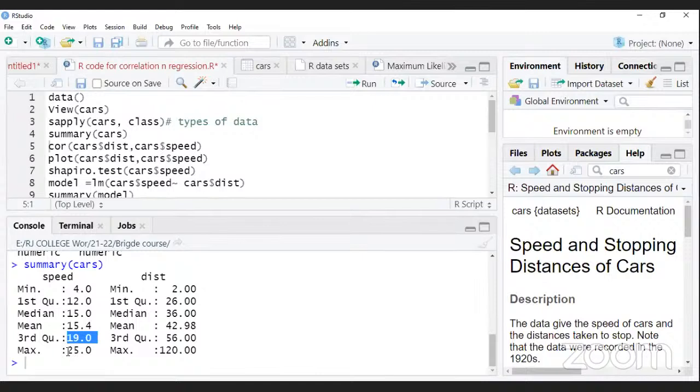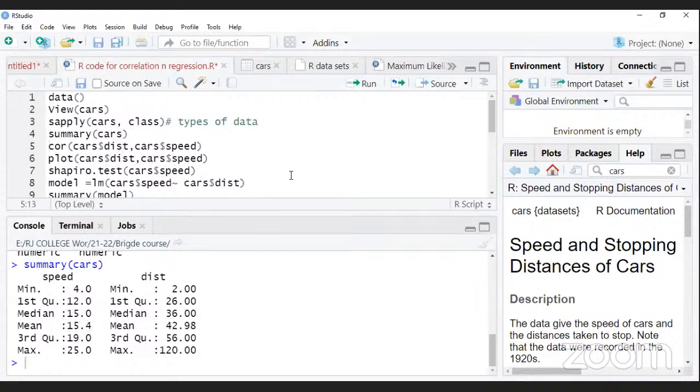Similarly, we have the minimum and maximum, in short about your data. Whether your data is skewed or not, one can understand that also. Here median and mean are approximately the same, 15.0 and 15.4. But for distance, if you look at median and mean, there is a difference between them, because this is talking about the distance.